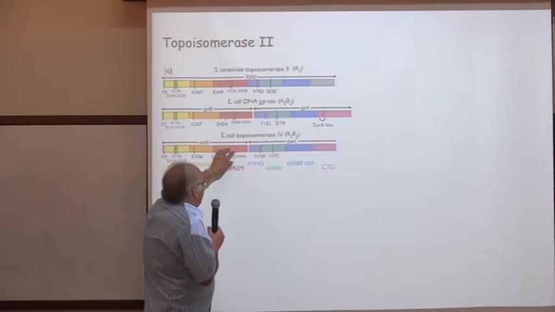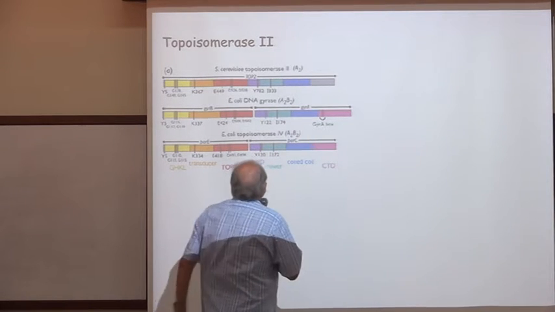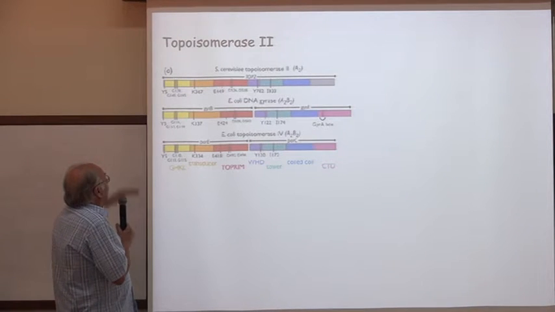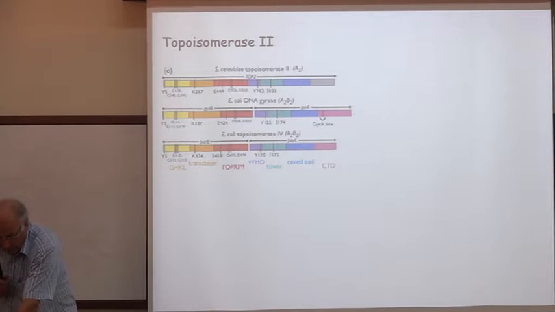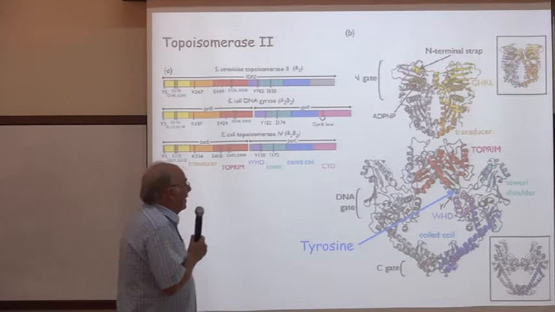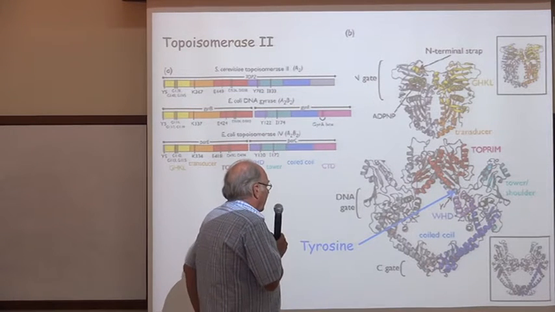Yellow, orange, red, purple, blue, dark blue, and another purple color. So just an illustration of the general organization of this, and this then shows the complicated structure of the protein.